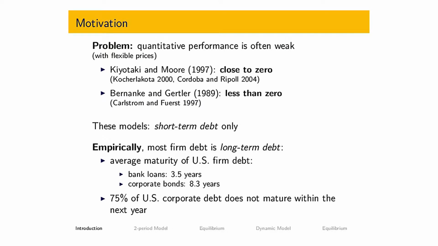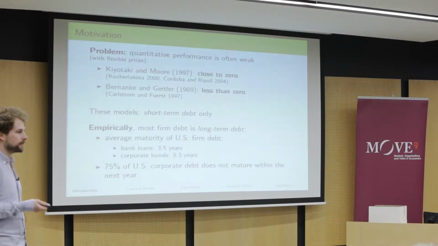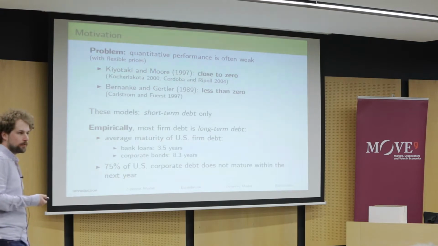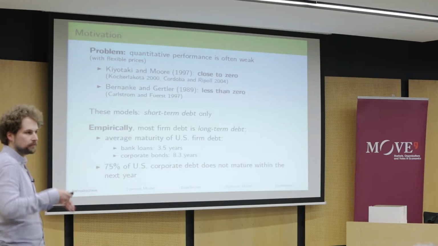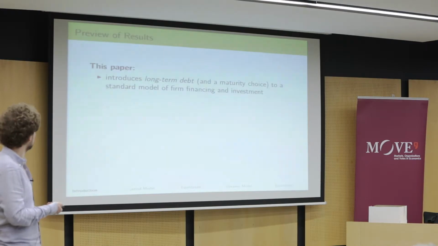The average maturity of US bank loans to firms is between 3 and 4 years. Corporate bonds have much longer maturities. And three-quarters of US corporate debt will not mature within the next year. So these are all long-term debt contracts. The question is, do we miss something important if we don't include this in the model? Or is it a fine, innocuous assumption to abstract from the nature of long-term debt?